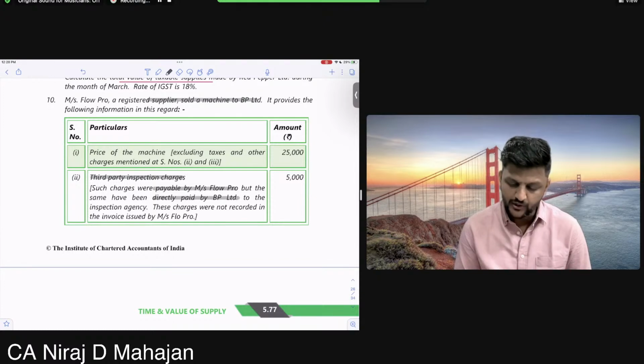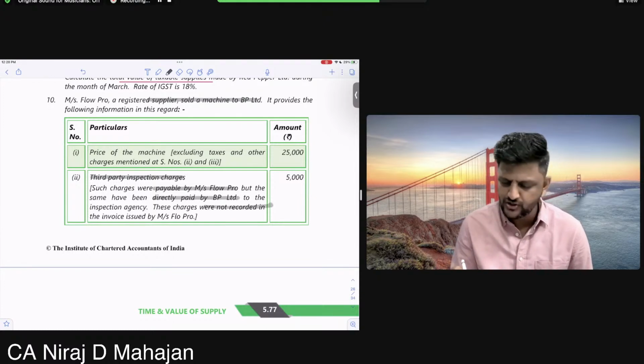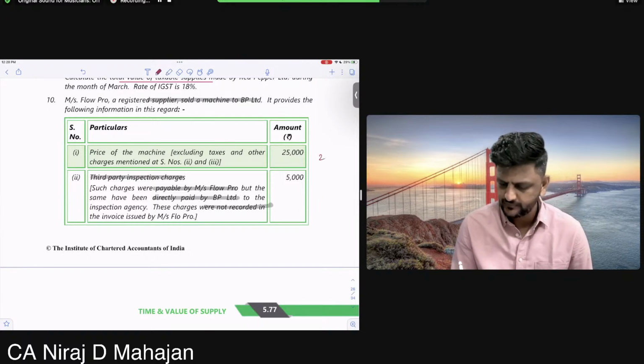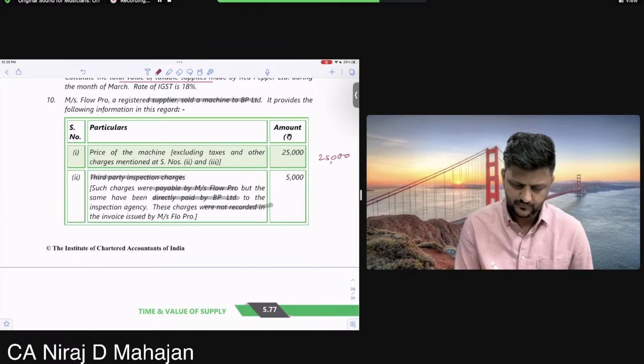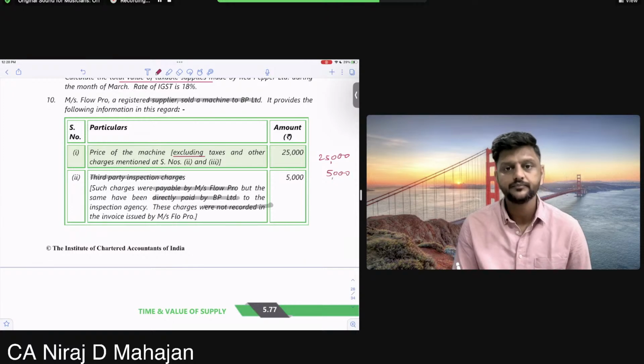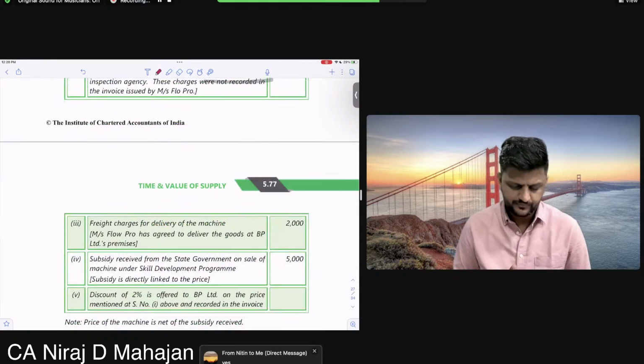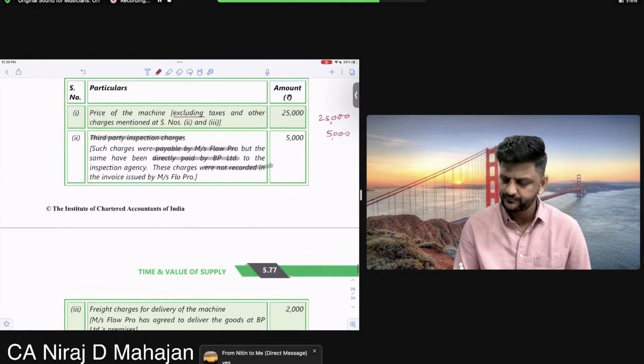These charges were not recorded in invoice. Add. So I'm taking here 25,000. Clear till here? Liability paid to the third party, freight charges, add.